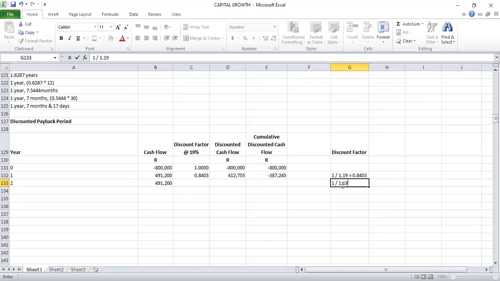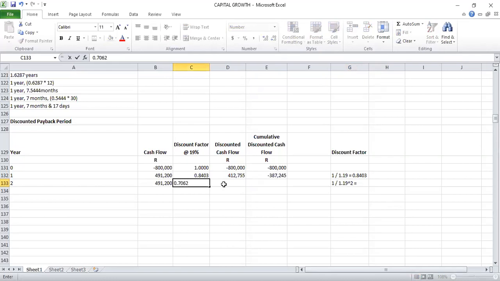So the power will be the year. What do we get? 0.7062.